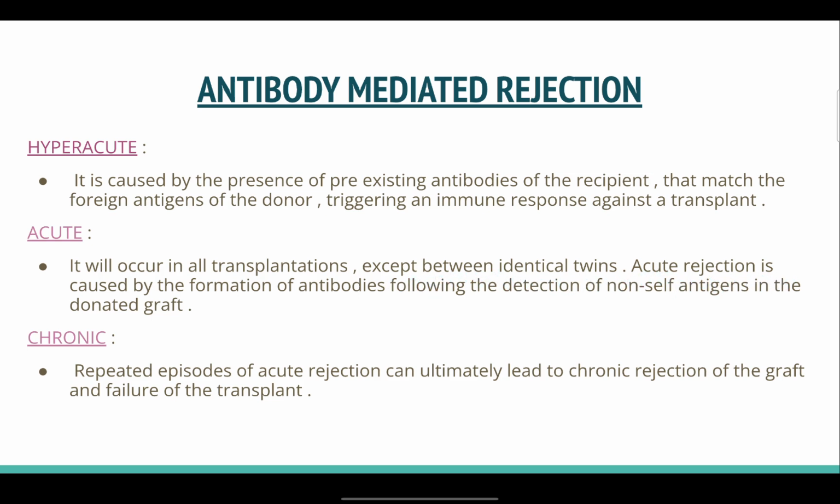Acute rejection is caused by the formation of antibodies following the detection of non-self antigens in the donated graft. Whereas in case of chronic, repeated episodes of acute rejection can ultimately lead to chronic rejection of the graft and failure of the transplant.